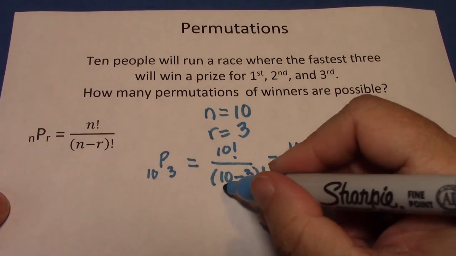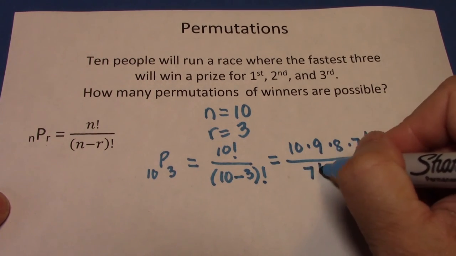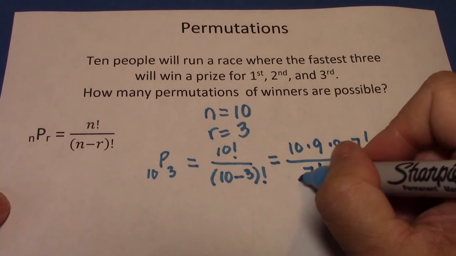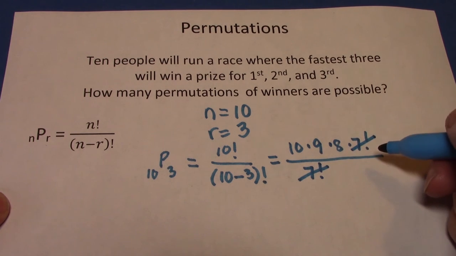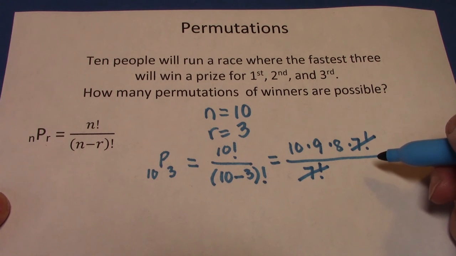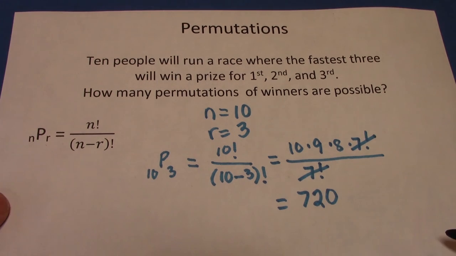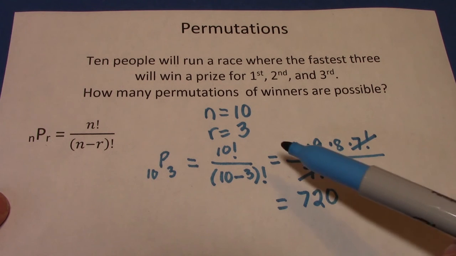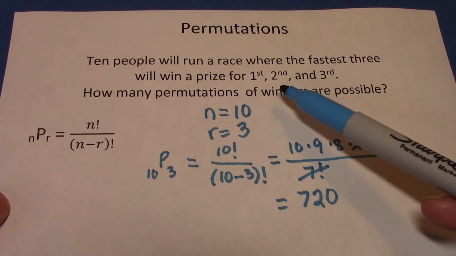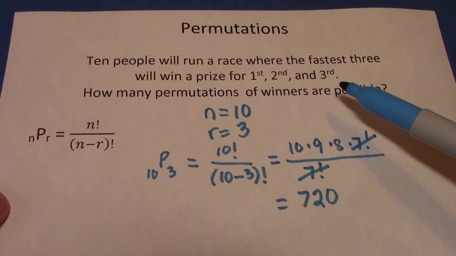I stopped writing it there because 10 minus 3 is 7 factorial. So again, this and this cancel out, and 10 times 9 times 8 is 720. So that means there are 720 different permutations for how 10 runners can come in first, second, and third.